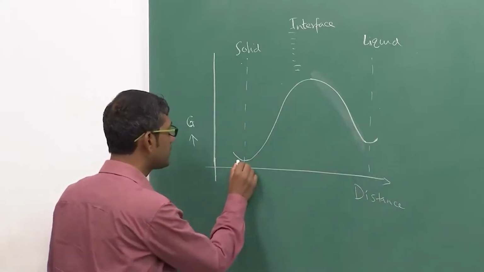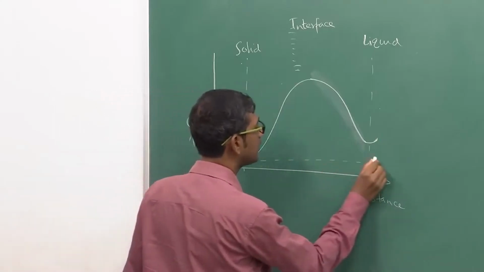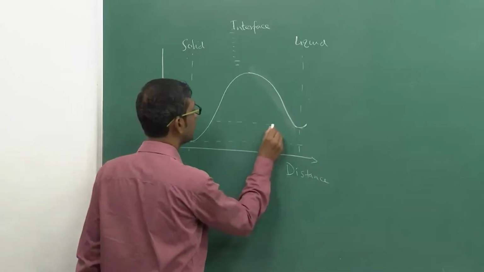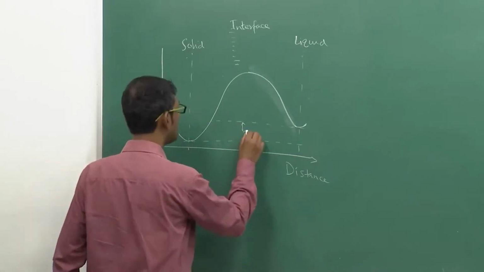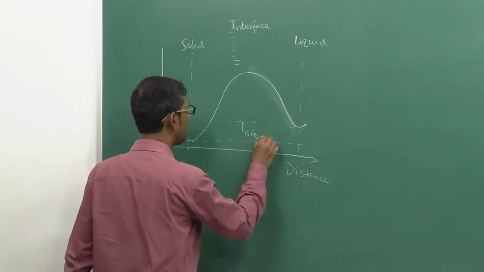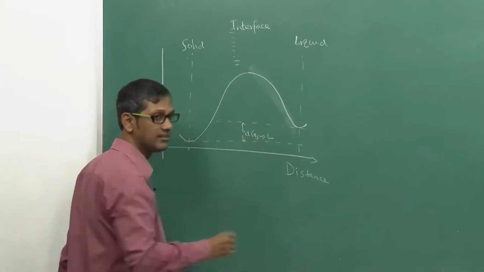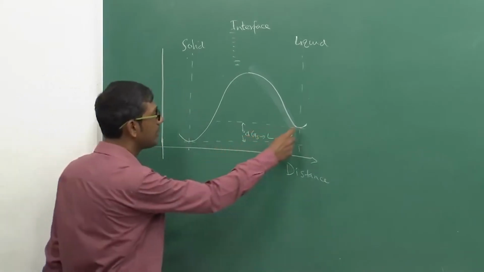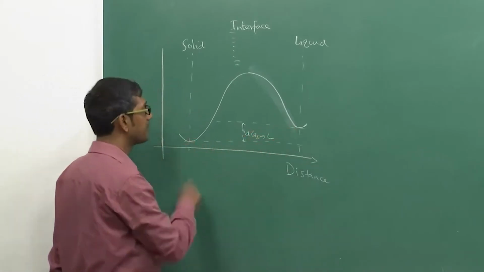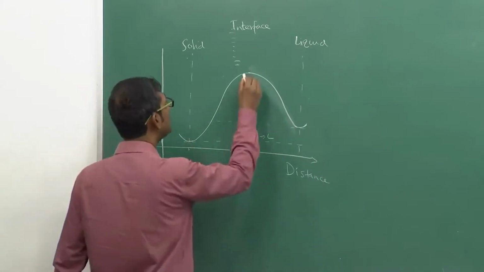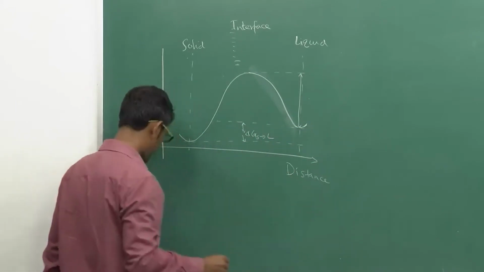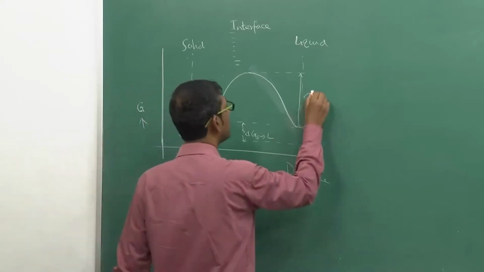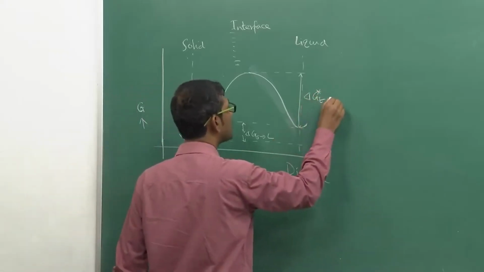Now this difference between the solid and the liquid is what I can define as delta G, solid to liquid. This is the energy gain when the atoms jump from the liquid to the solid. And this energy, which is shown as a peak from here to the liquid, is termed delta G star transport.